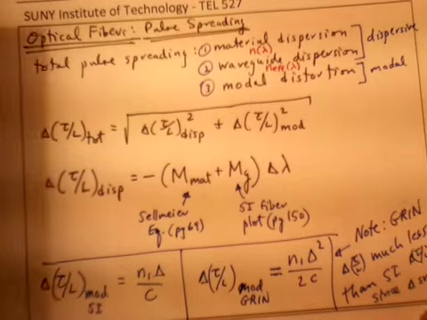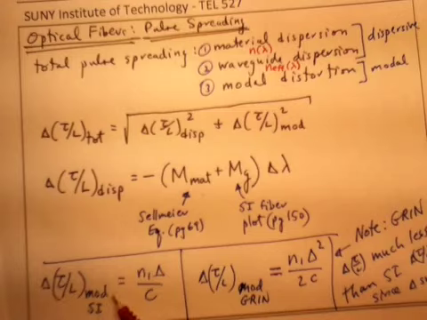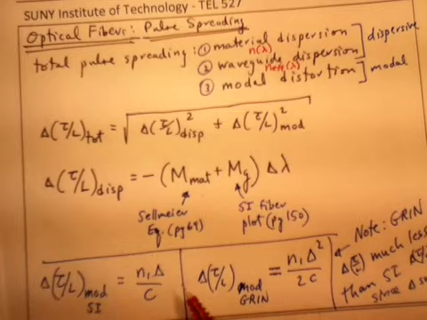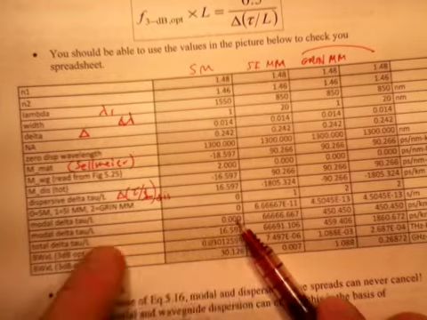If it's multi-mode step index, I'm going to use this equation for the modal dispersion. If it's multi-mode GRIN, I'm going to use this equation. If it's single mode, I've got 0 modal dispersion because there's only one mode.